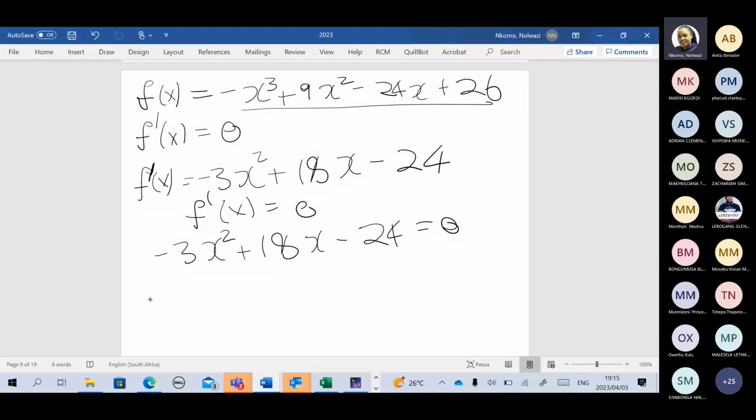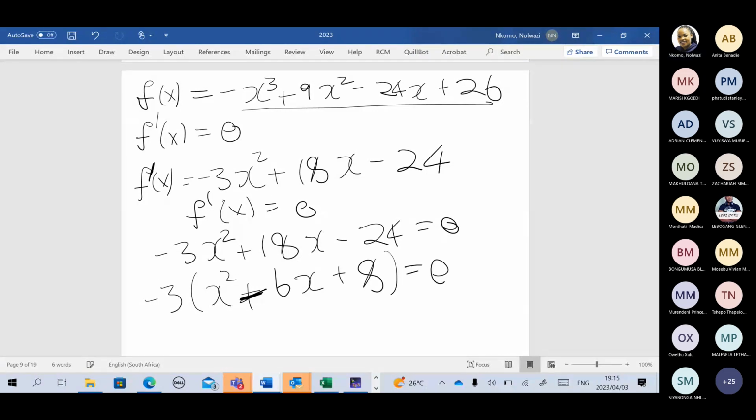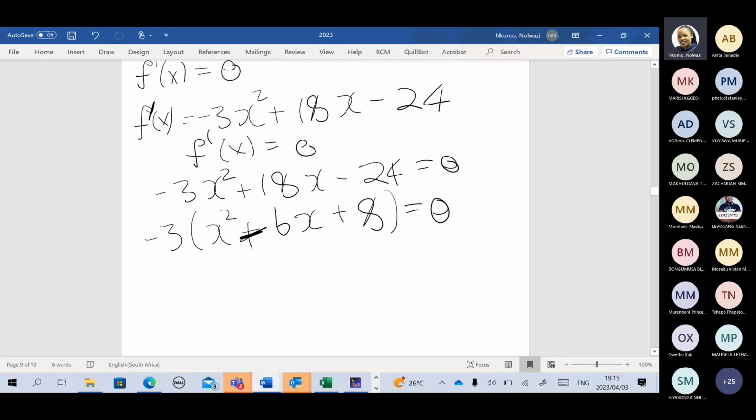equals 0. Okay, you can now divide by minus 3 on both sides. If you do that, you'll have x squared minus 6x plus 8 equals 0. Remember, the reason we equated the first derivative to 0 is to find the stationary point, like to find our x values. We can factorize here to find our x values.